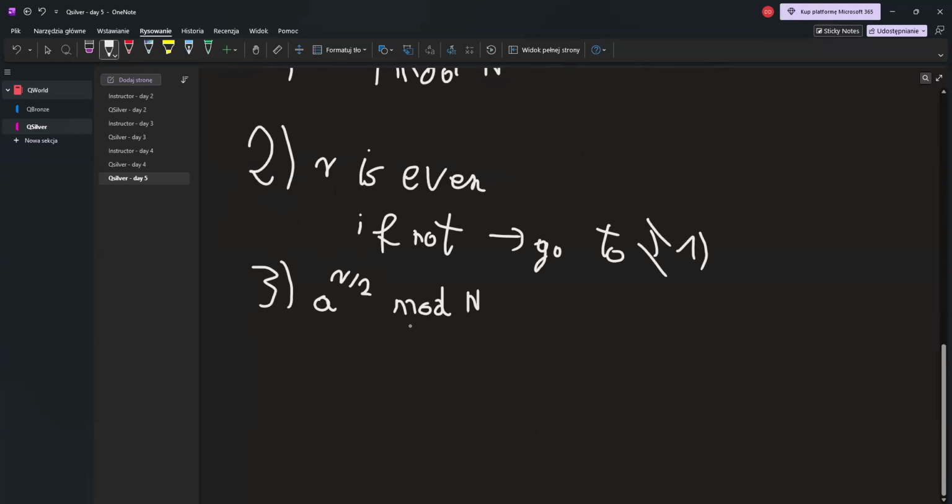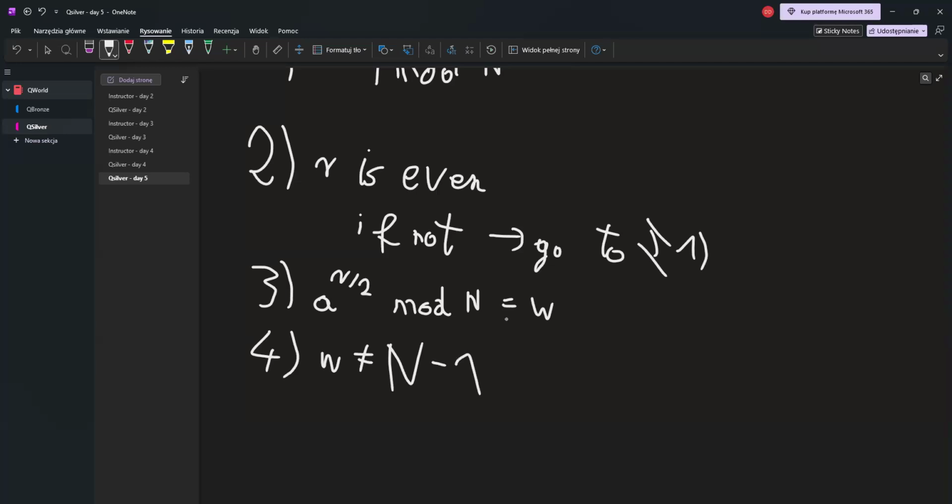We calculated this expression. And then we also need another thing. Let's call this number W. We need to make sure that W is not equal to N minus 1.